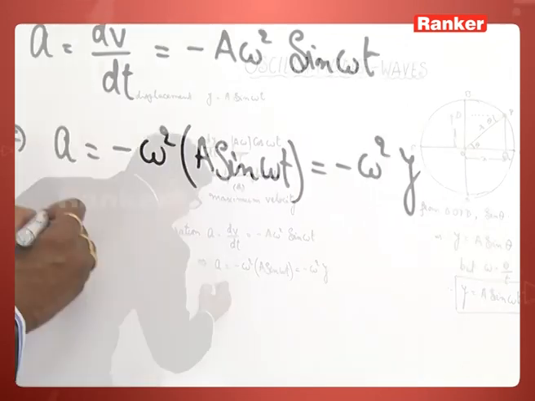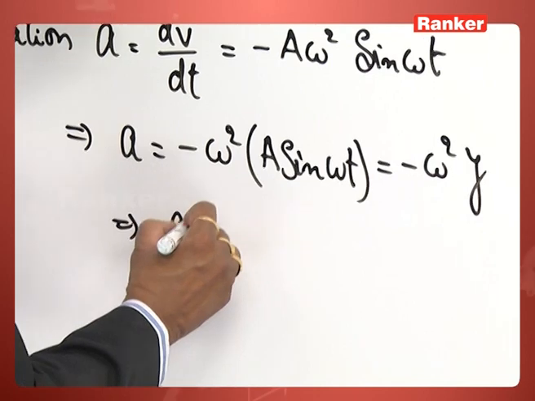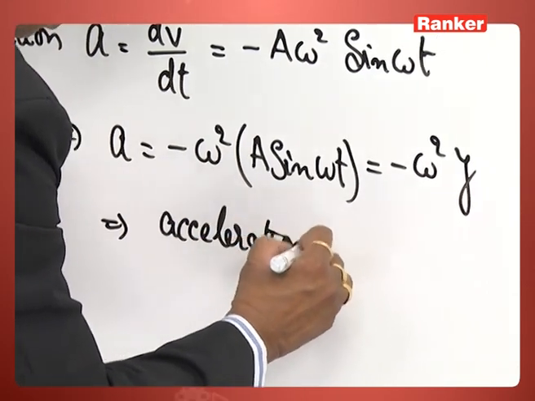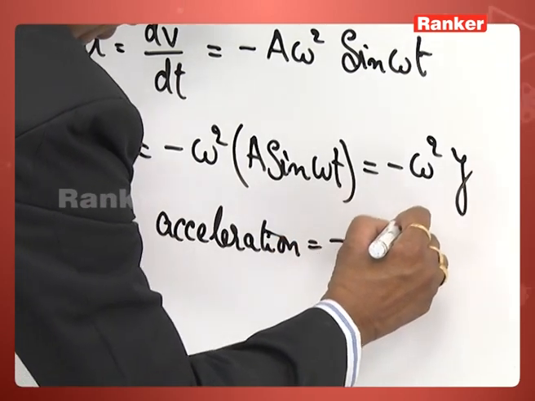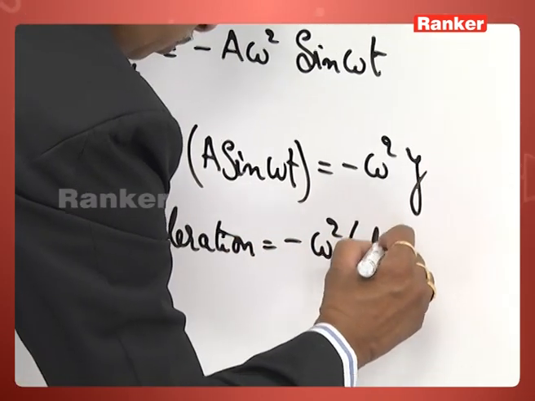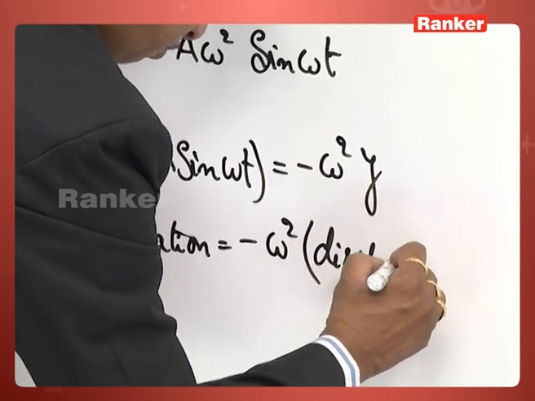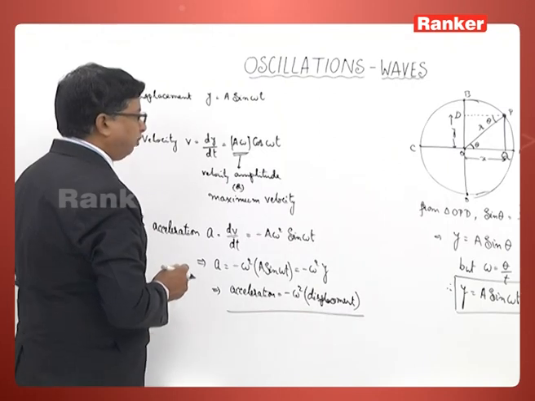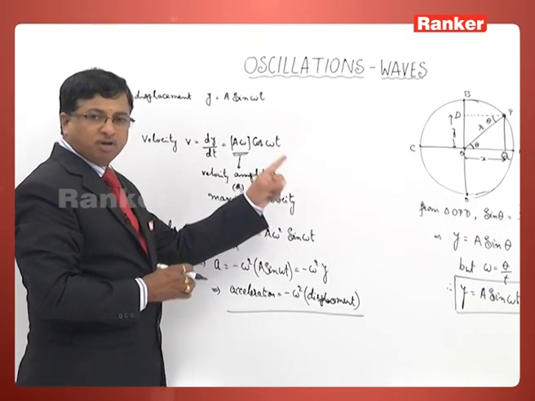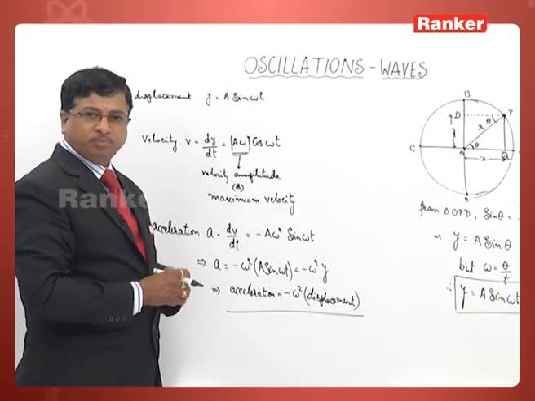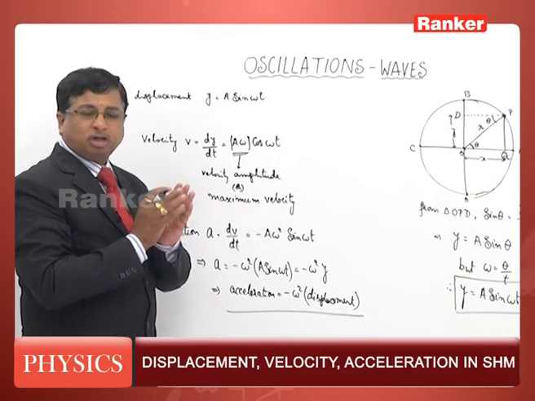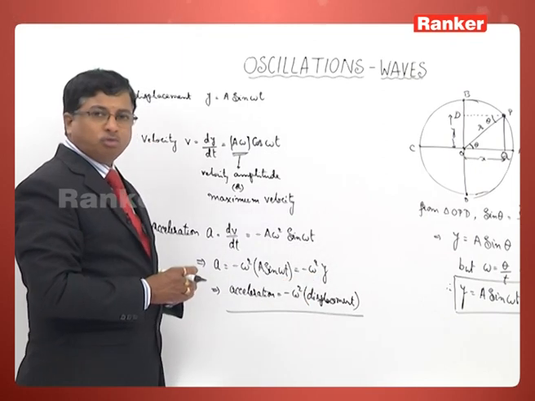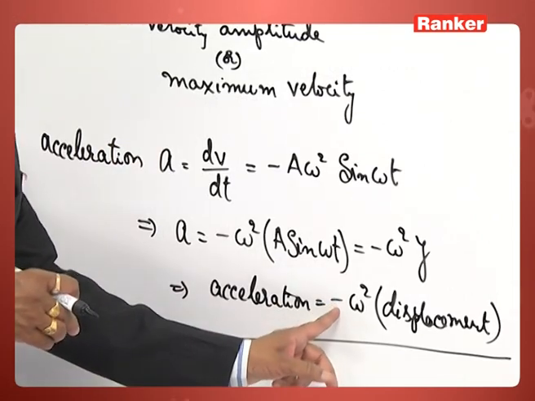So look at this equation carefully. Acceleration of the particle in SHM is equal to minus omega square into displacement. Is it not the basic equation we took up earlier while defining simple harmonic motion of a body? So whenever we consider simple harmonic motion, acceleration is directly proportional to displacement in the opposite direction.